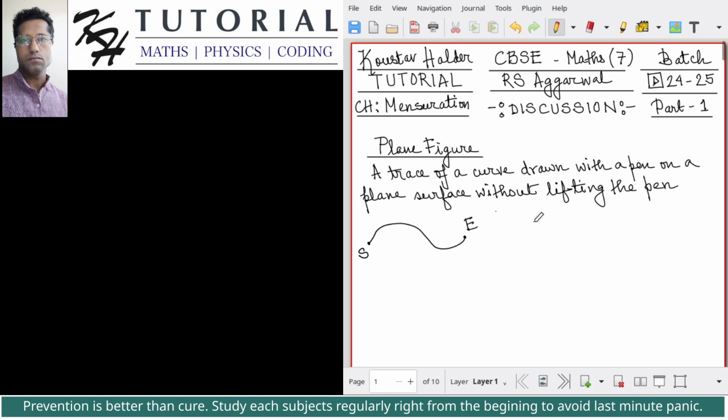Let's take another example. This figure is also a plane figure, as while I was drawing it, I did not lift the pen. As you might have already observed, this was the starting point and this was the end point.